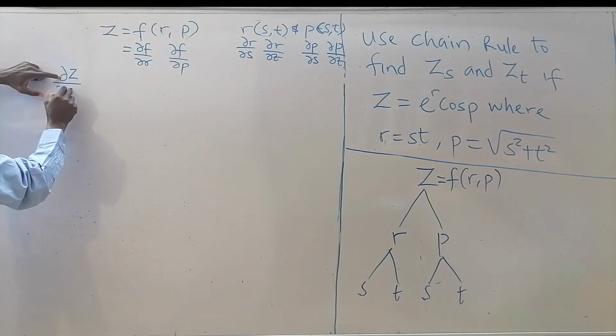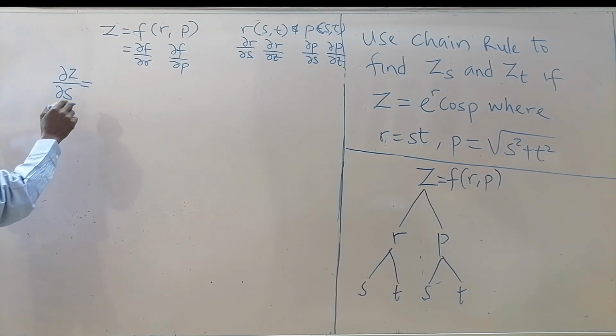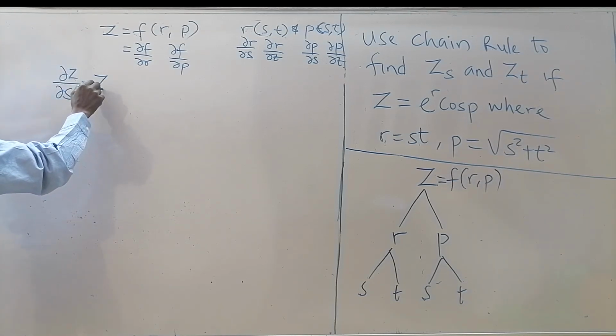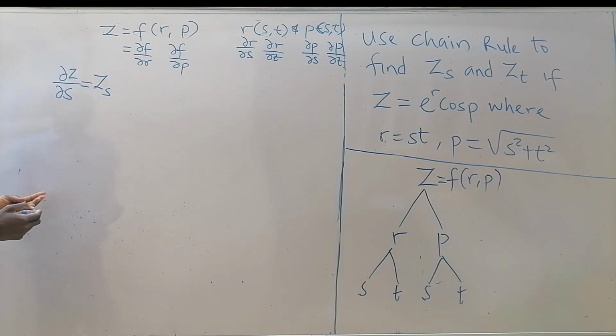So it's going to be del z with respect to x. This is fraction notation, which we can write in subscript form, and that will be this. So this one and this one, they are the same thing.